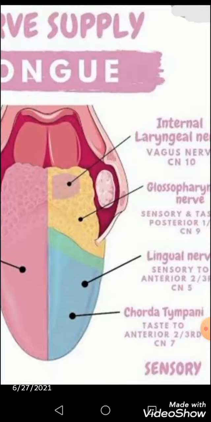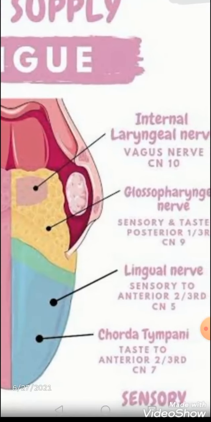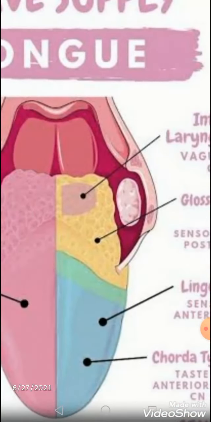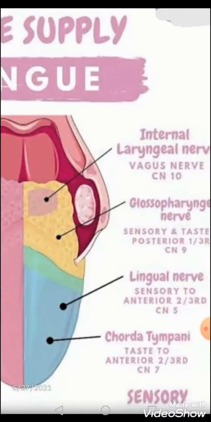And the general sensory supply is through the lingual nerve for the anterior 2/3, which is a branch of the trigeminal nerve, right? Then we have to see that for the posterior 1/3 of the tongue, the sensory and taste fibers both run through the glossopharyngeal nerve, right?